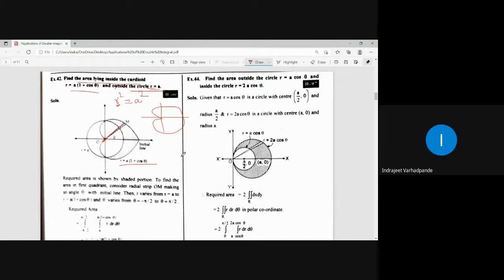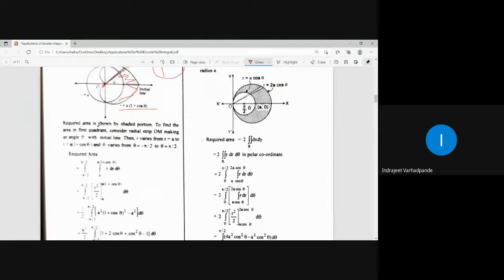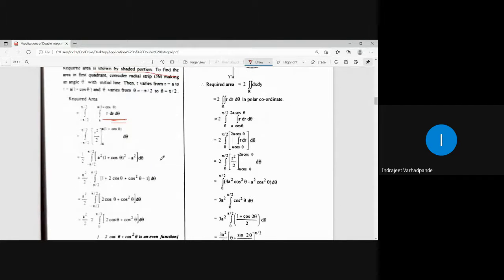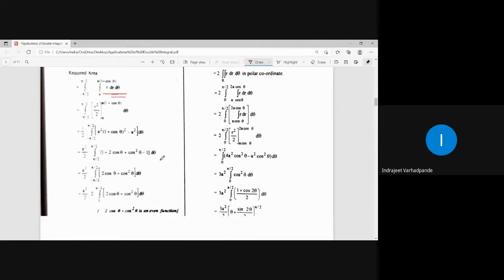So the area lying inside the cardioid but outside the circle. The required area is shown by the shaded portion. We will be considering it in the radial strip of the first quadrant multiplied by 2. For integration, the formula for area is double integral r dr d theta. First integrate with respect to r, get the answer in the form of theta.